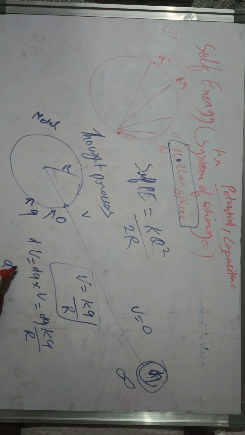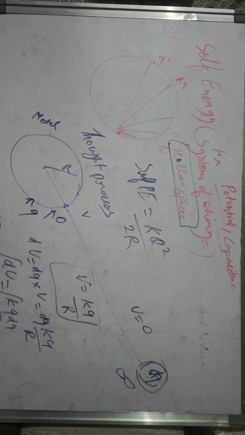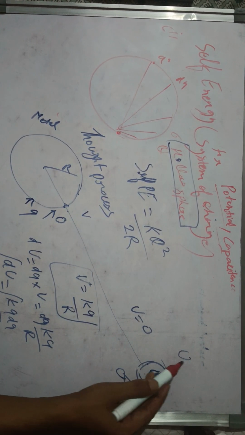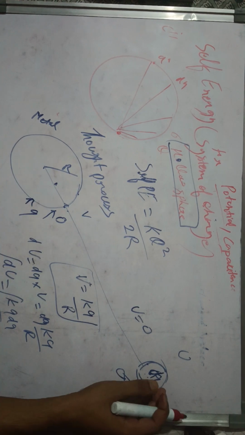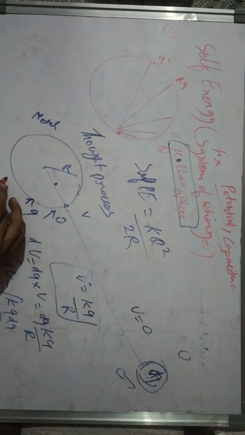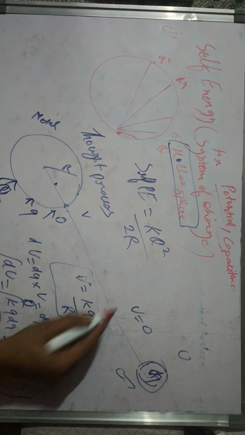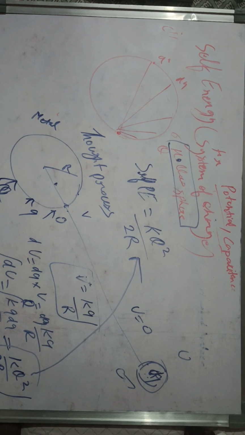So now simply taking the integration of dU with kq dq over r, I start from zero charge here and keep putting charge from infinity to this point till the charge becomes q. So we integrate from 0 to q, and this value becomes kq square by 2r. This is the potential energy equation we found here.